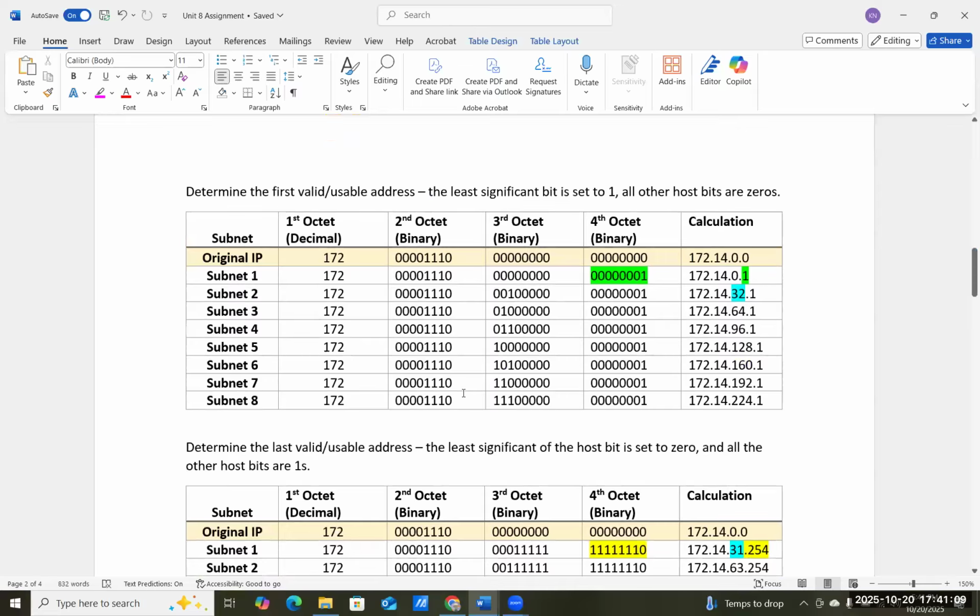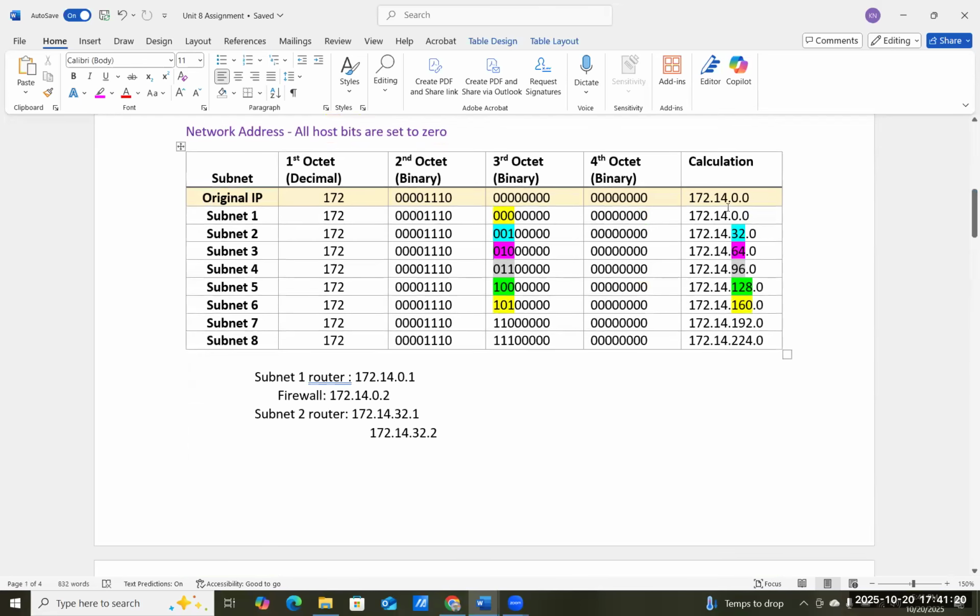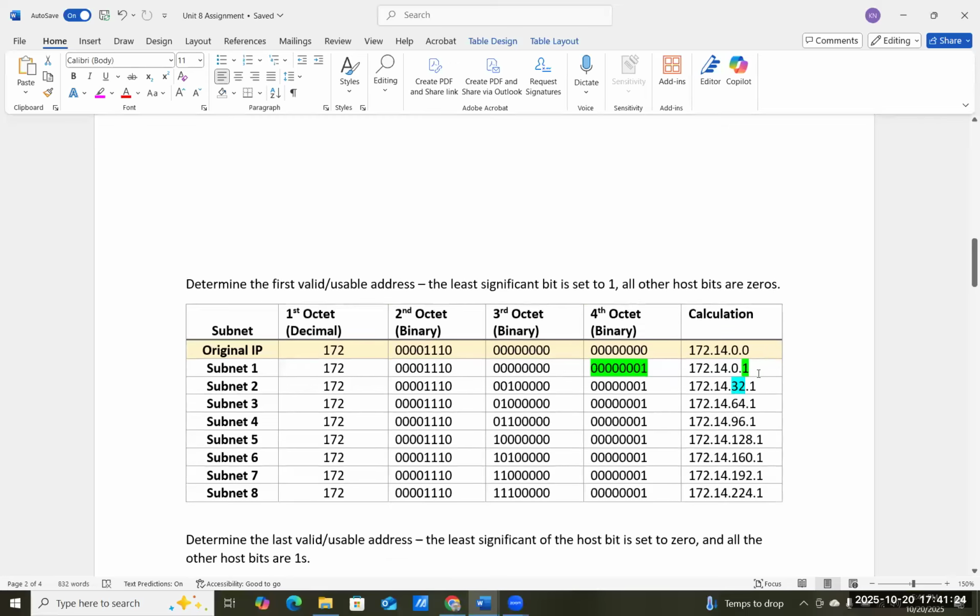Okay, the second part. We're going to start with the first subnet and then move forward. So you just take the column on the right, the calculation that you have, bring it down, and change up your host.